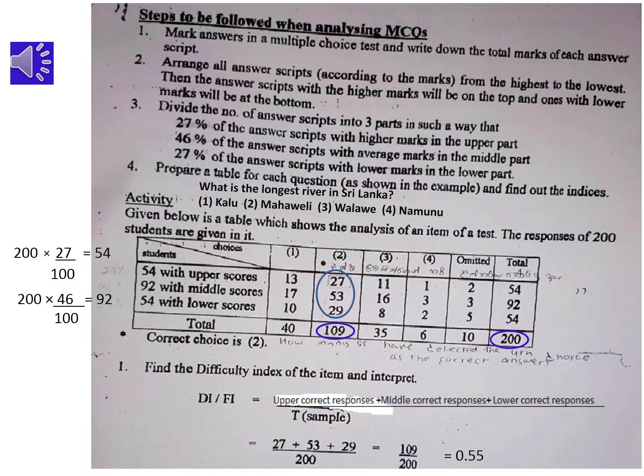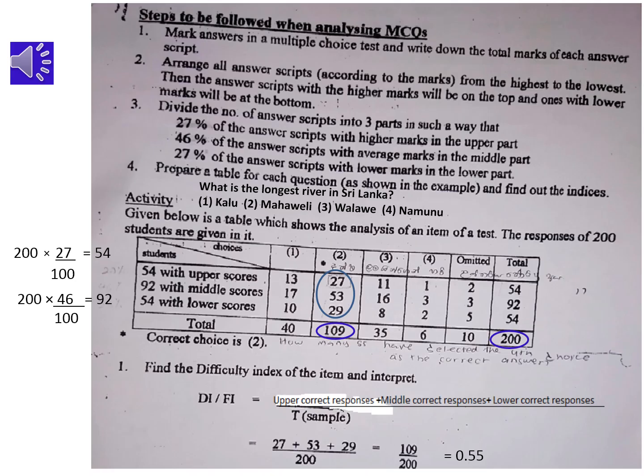Then you find a section called omitted. That means among those 54 papers, 2 students have not answered the question. They have left the answers blank. They have not marked any answer. That's why omitted. So when you count all these things horizontally, the total is 54.